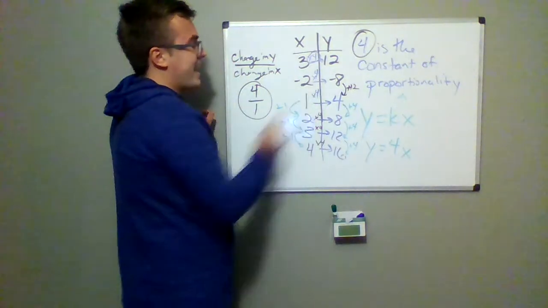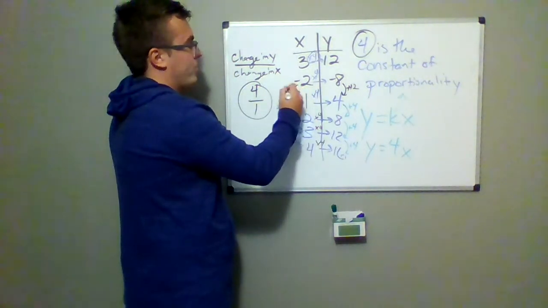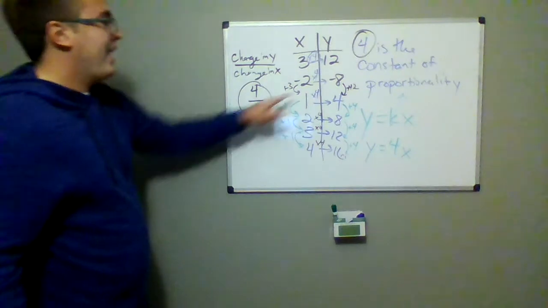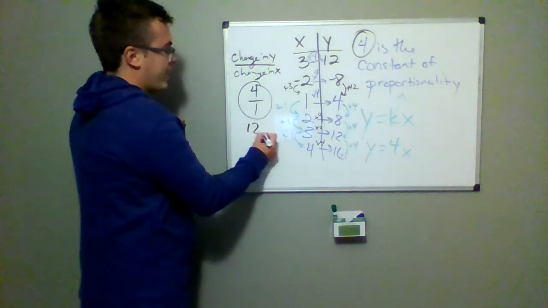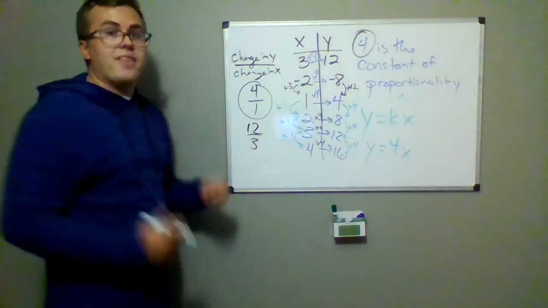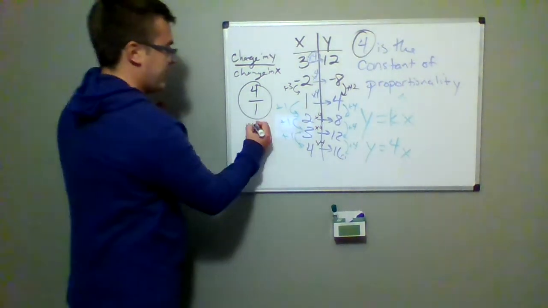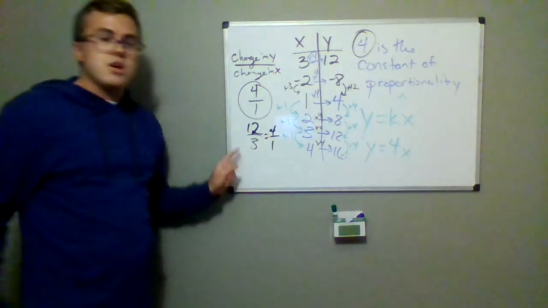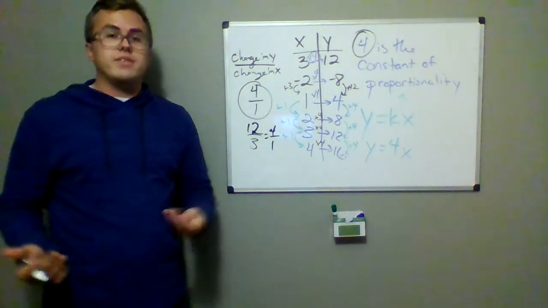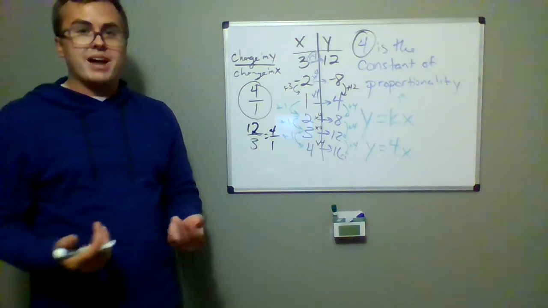How do you get from -2 to 1? Well, you add 3. And if you look at that, the change in y over the change in x, that's 12 to 3. And this is where our proportion comes in. 12 over 3 is the same thing as 4 over 1. Those are equivalent ratios, equivalent fractions.